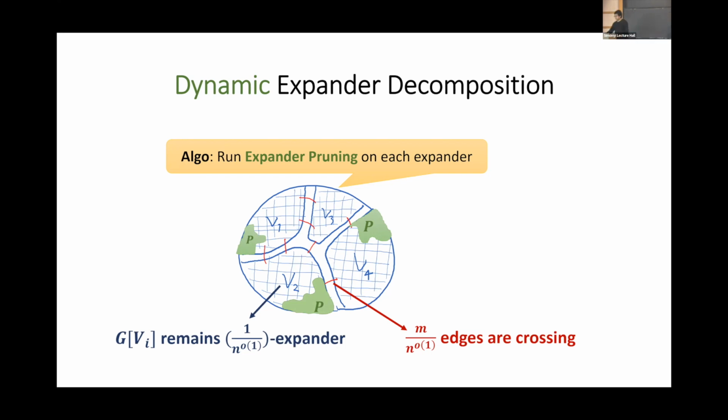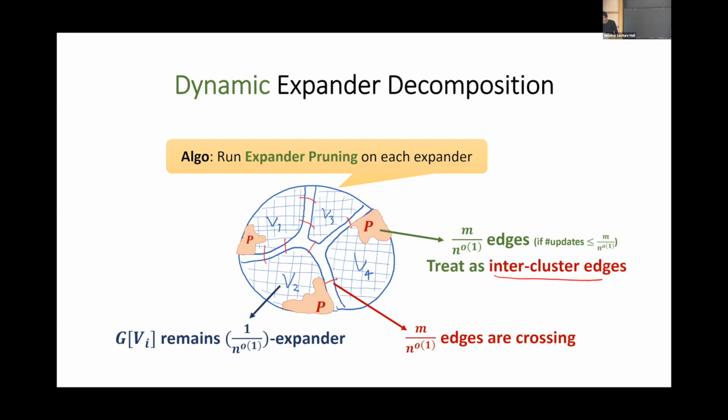So now what to do with this green thing? They are small because there are not too many updates. So we can just treat all of this green thing as intercluster edges. So everything inside the red part, think of it as a singleton cluster. So the total number of red parts and the original red part is still small.